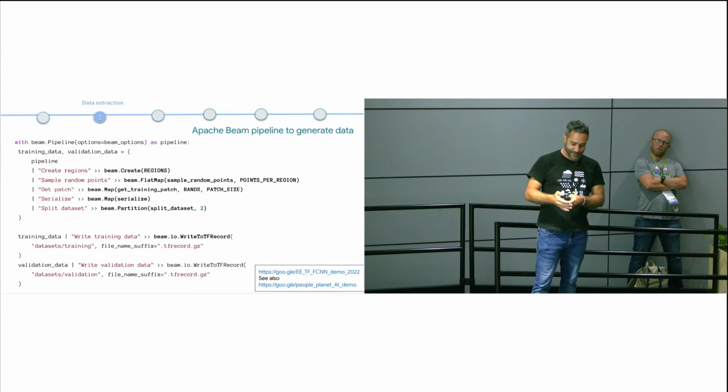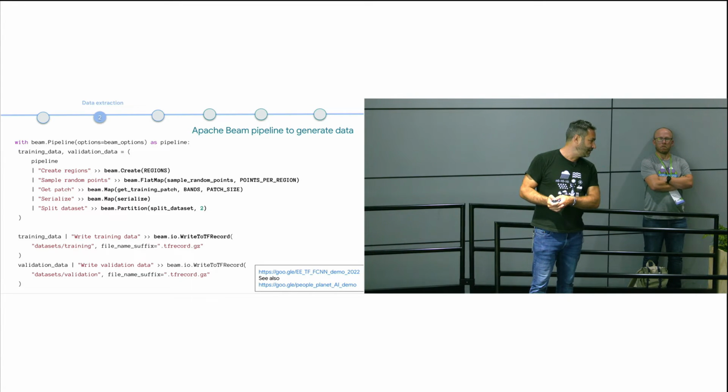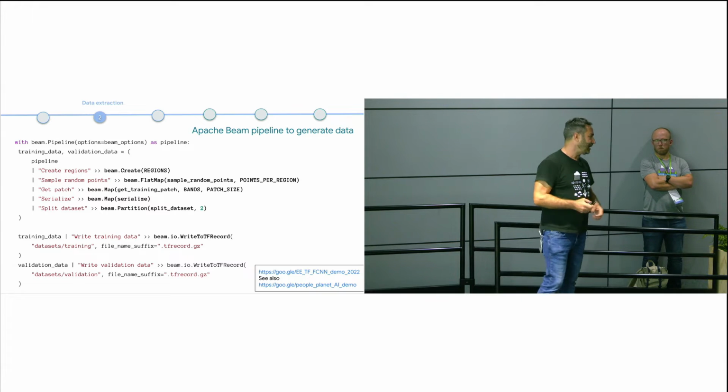You're going to flatten out the multiple things that come from sampling this region. So each region gets sampled. And remember, this is where you're yielding the coordinates one at a time. And for each coordinate that gets yielded, you grab the training patch, you serialize it, you split it into 2 pieces, write it to TFRecord, and that's it.